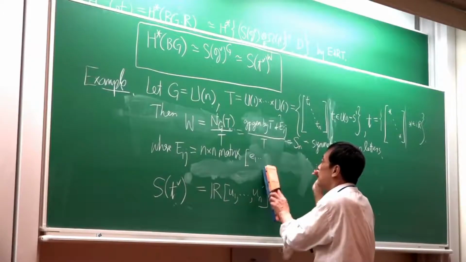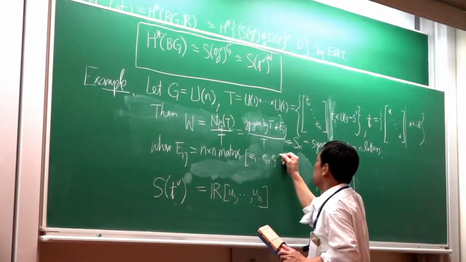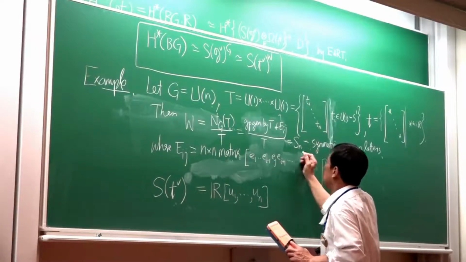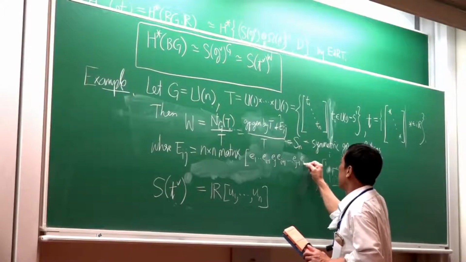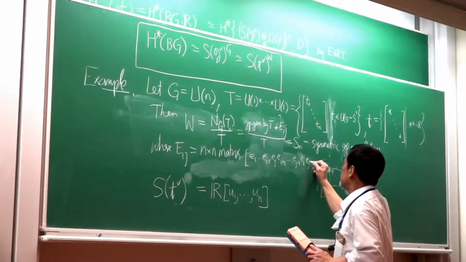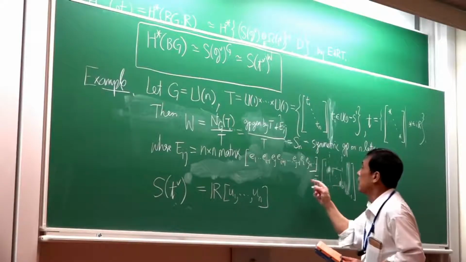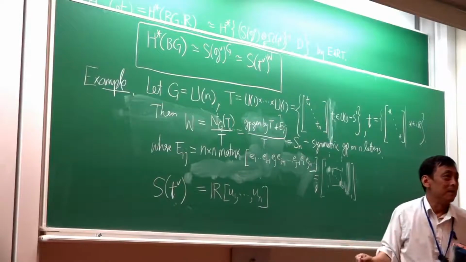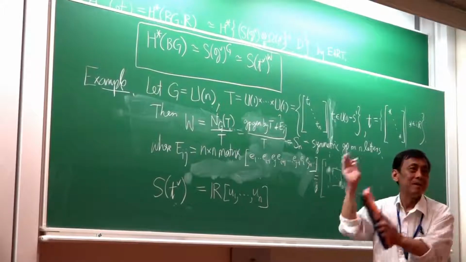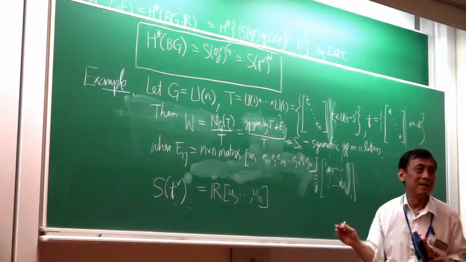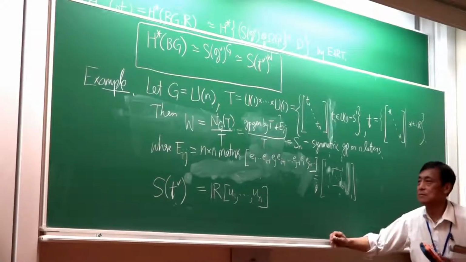So it's E1 to E(I-1), and then EJ, E(I+1), and then E(J-1), EI, E(J+1). Okay, is this matrix? Yeah. It's the identity matrix, but you permute EI and EJ. Okay? Yeah. So that's the permutation matrix.